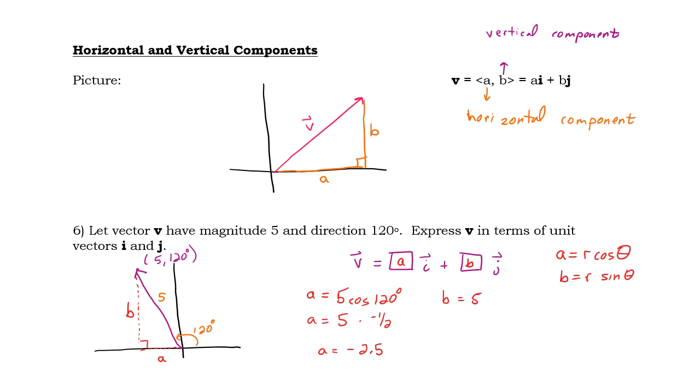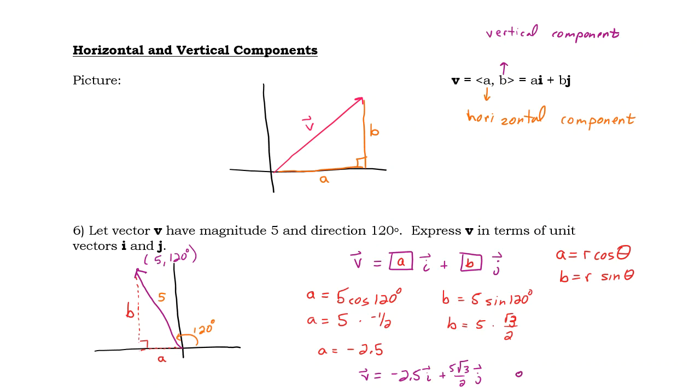b is 5 times the sine of 120. So that's 5 times square root 3 over 2. All right, so our vector v in terms of i and j is negative 2.5 vector i plus 5 square root 3 over 2 vector j.